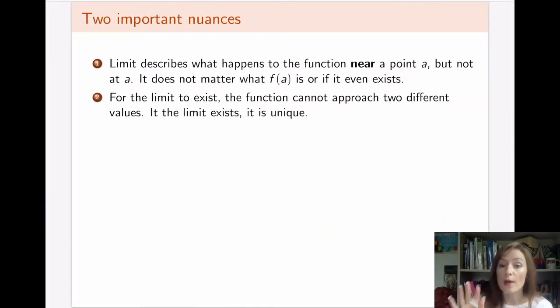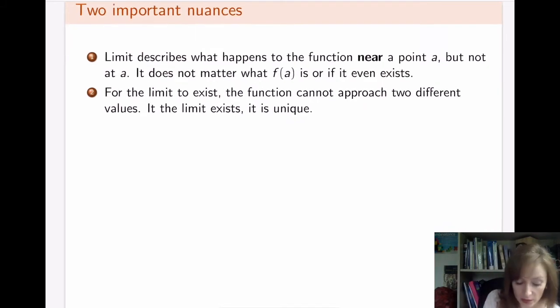The two important nuances about limits that we will have to think about throughout this entire chapter, here's two of them. First of all, limit describes what happens near a point, not at a point. Okay, so as x approaches 2, I'm interested in what happens around 2, not at 2.